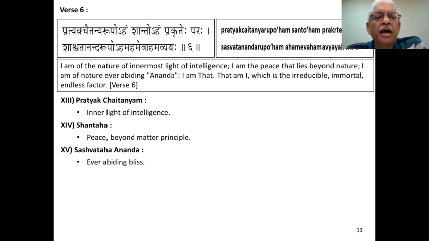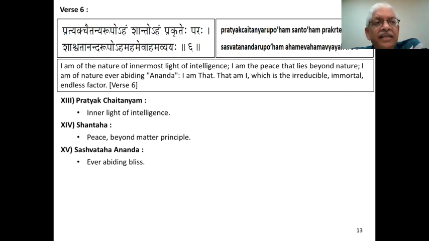So here, Pratyak Chaitanya means it is the intelligence, an inner light of intelligence. Atma is called the innermost light because it is deep within us. It is beyond the gross body, beyond the subtle body, beyond the Karana Shariram. It is the innermost light, and this light is of intelligence. It is not something which is inert. Inertness doesn't have intelligence because it doesn't have a mind.